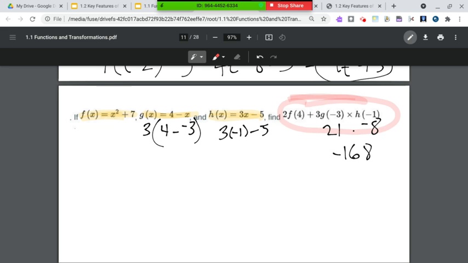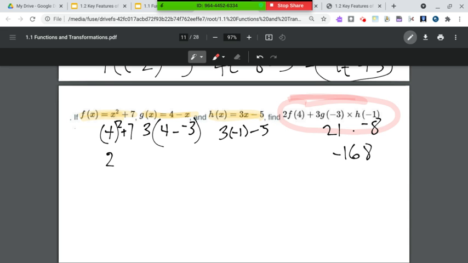Now we have one last part to do, 2 times f of 4. So we find f of 4, get our answer, and do what with it? You multiply it by 2. Perfect. So plug 4 in. 4 squared plus 7, we get 23.